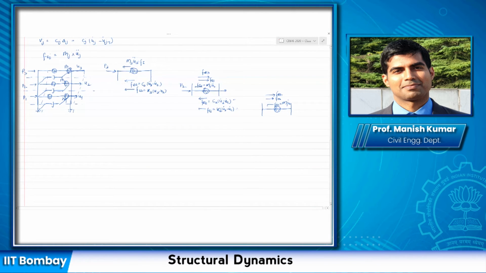And below I would have Fd1, which is basically the story shear. Now remember, below story 1 it is just the ground, for which the displacement and velocity are equal to 0. So in this case, it would be simply U1 minus U0, which is equal to 0. So I would write this as C1 U1 dot, and Fs1 is K1 U1.